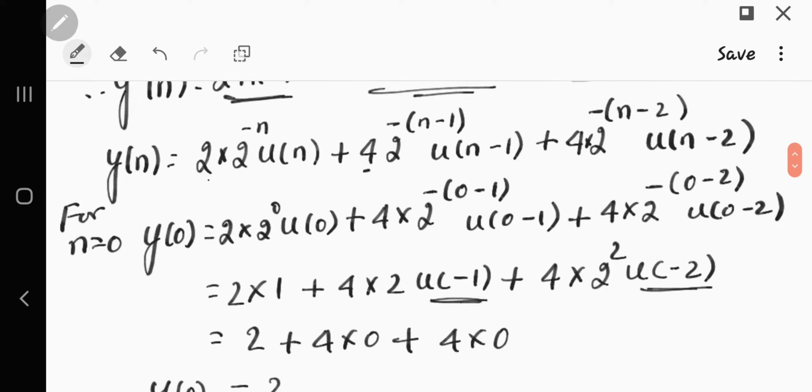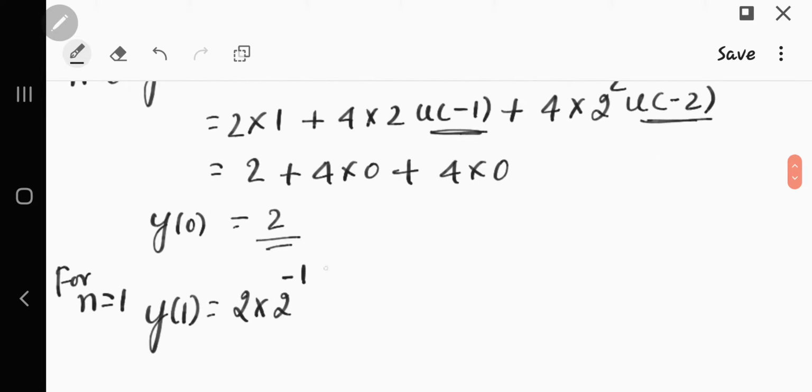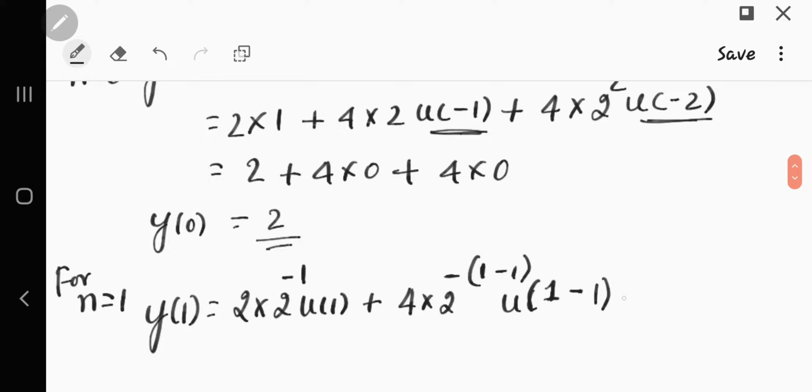Okay, I am applying n is equal to 1 in 2 to the power of minus n, u of 1, plus 4 into 2 to the power of minus of n minus 1, that is 1 minus 1, u of n minus 1, plus 4 into 2 to the power of minus 1 minus 2 u of 1 minus 2.